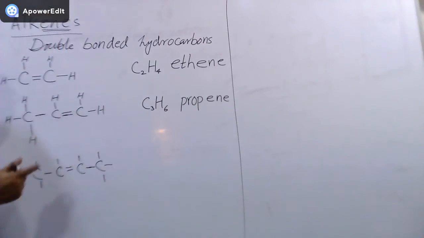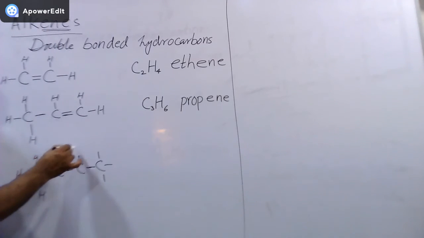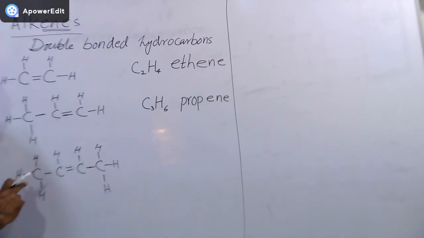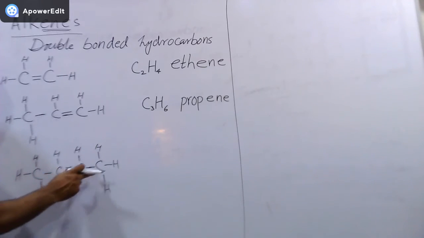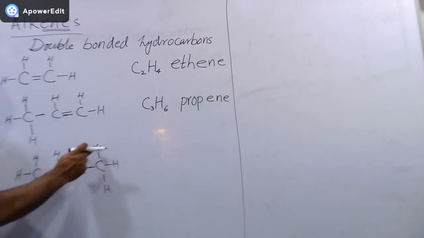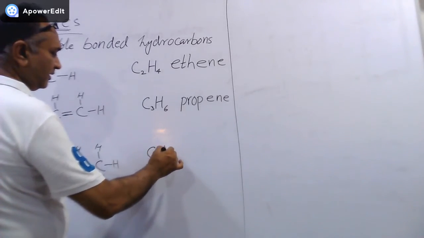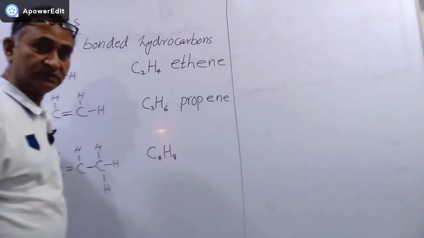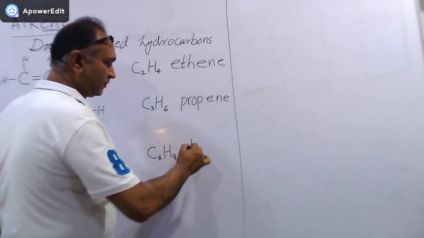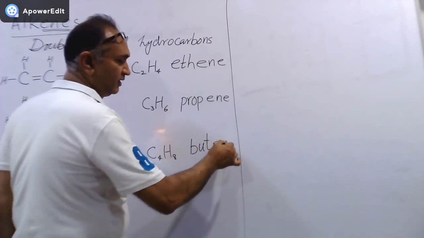The formation could be same. How many carbons in all? 4. How many hydrogens? 8. So its name would be what? What is the prefix for 4? But. Double bond? Ene, butene.